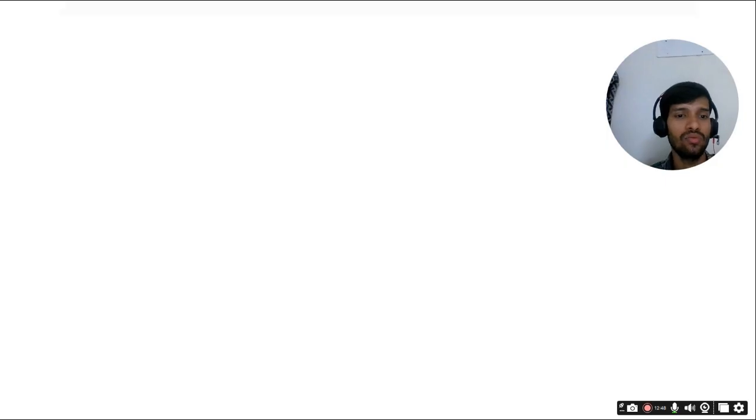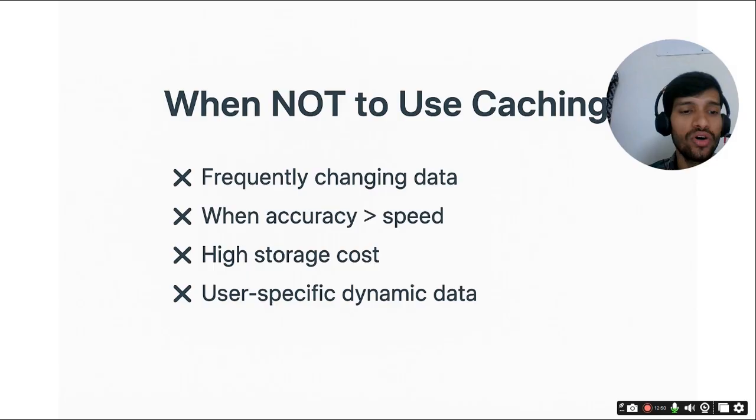Now, when not to use caching. When data changes very frequently, for example in stock related applications where data changes frequently, we will not use caching there.